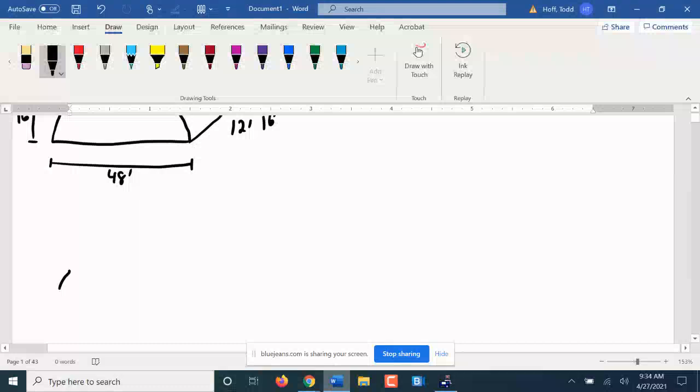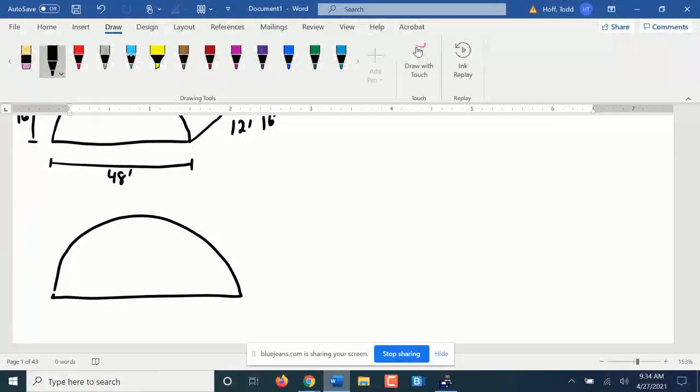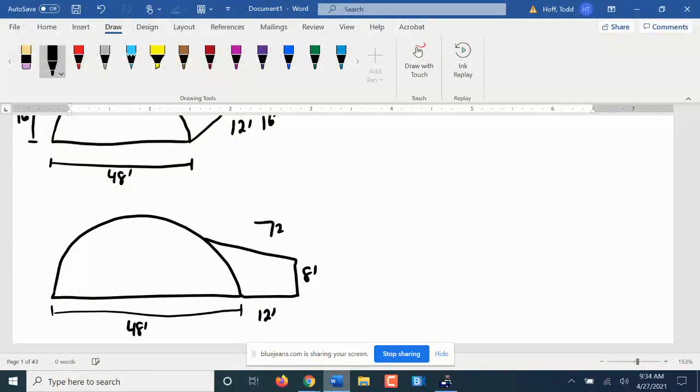I'm going to start out working on this piece here, a little bit bigger. So this is 48 feet across here, 12 feet here, 8 feet, 2 to 12 slope, and 16 feet.